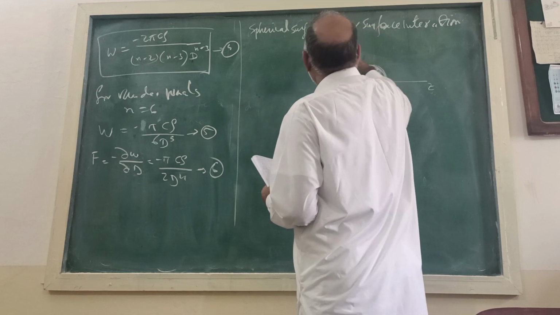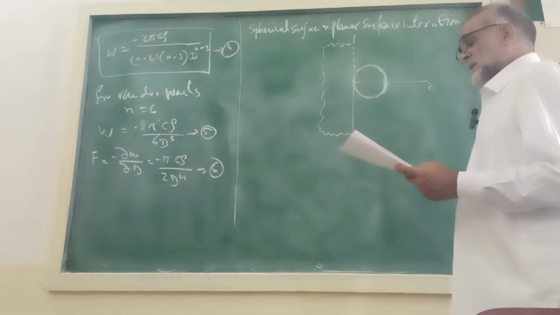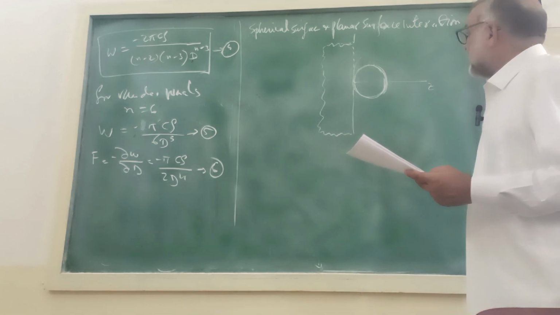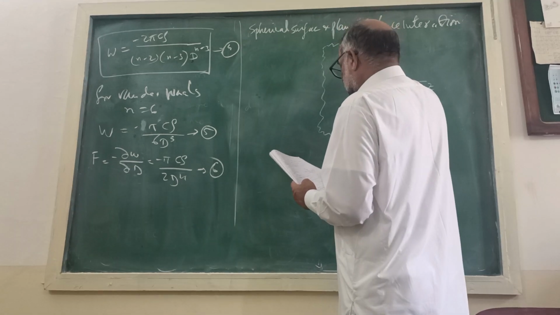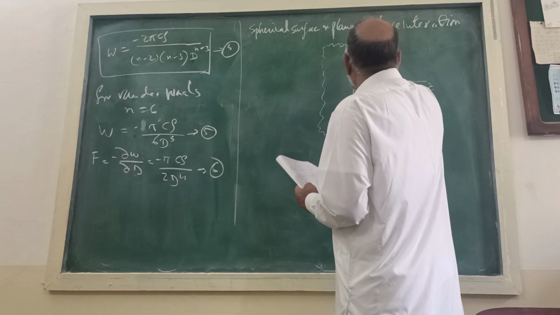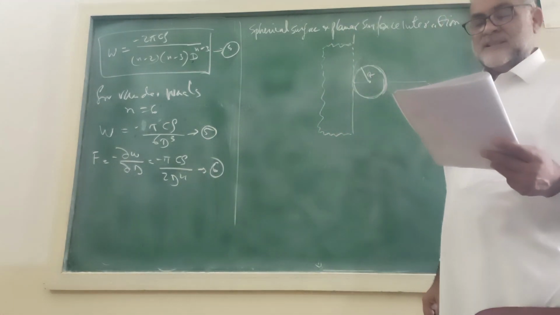So the sphere is of radius, some radius r. Right?